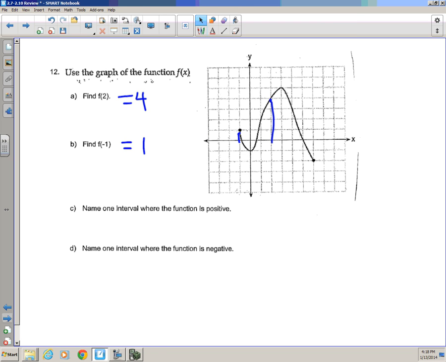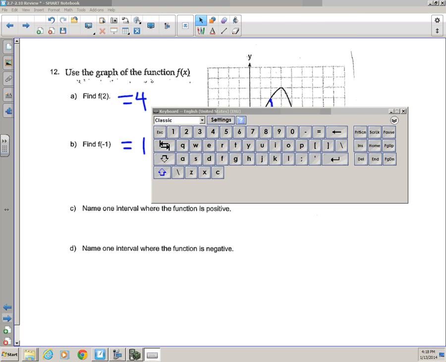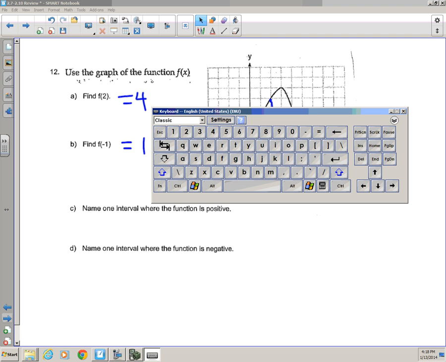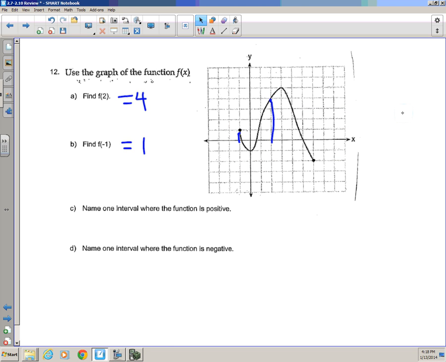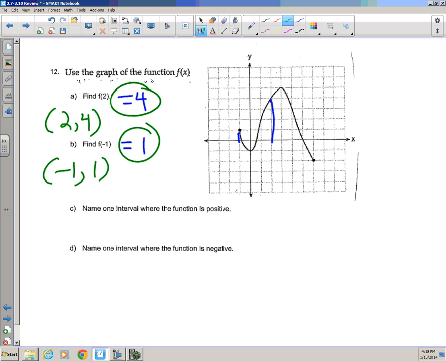So then f of -1 is 1. In other words, all that's really saying to you is if x is 2, my corresponding y value is 4. At x = -1, my corresponding y value is 1. Remember, the answers are what's in blue, but they're just showing that those are ordered pairs.